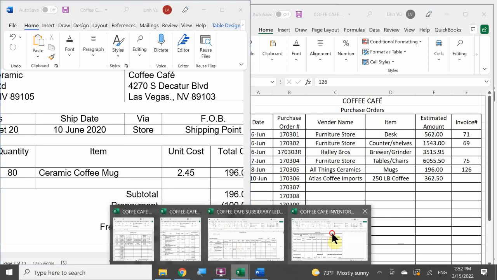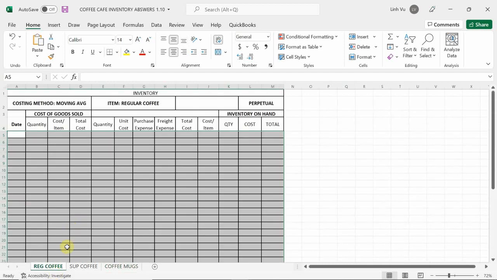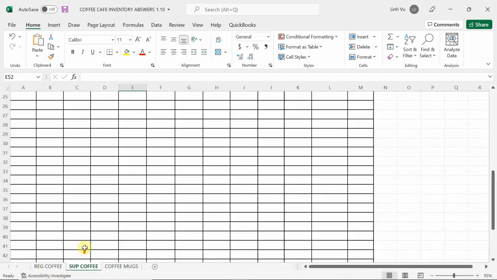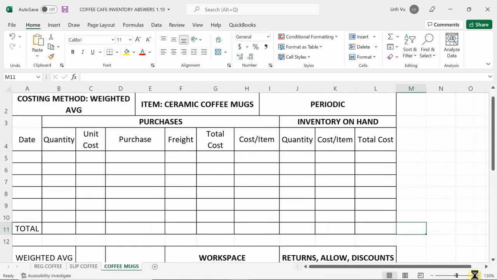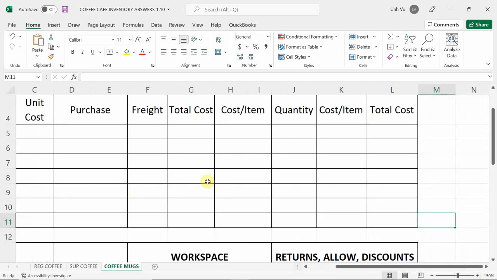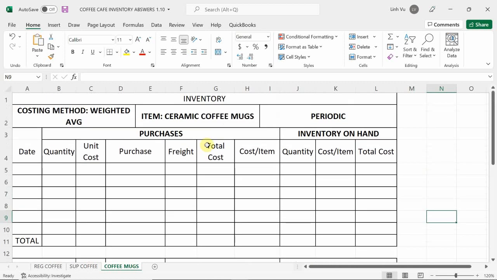So, let's pull out our inventory worksheet, because I have 3 things for you. We're going to sell regular coffee, we're going to sell Supreme coffee, and we're also going to sell our ceramic coffee mugs. Okay? So in this case, let's take a look at our ceramic coffee mugs.